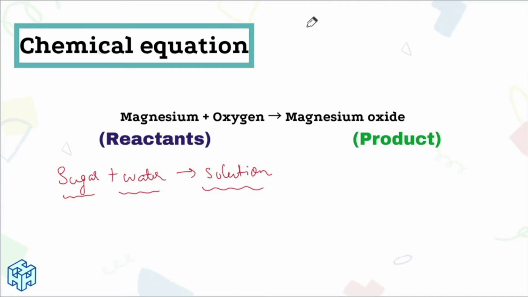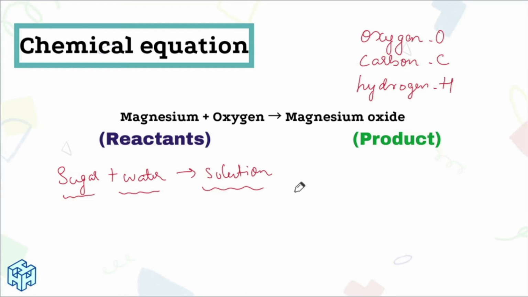For example, for oxygen, what is the symbol, sir? Oxygen, O. For carbon, C. For hydrogen, H.